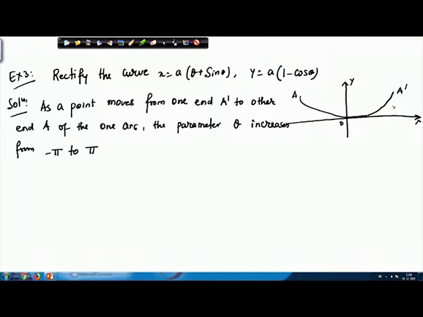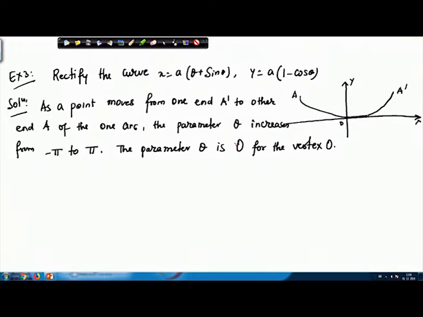So, it will increase from minus pi to plus pi, yes, and the parameter theta is 0 for the vertex O. All right. This is vertex O, that is here, and 0 is a real number.